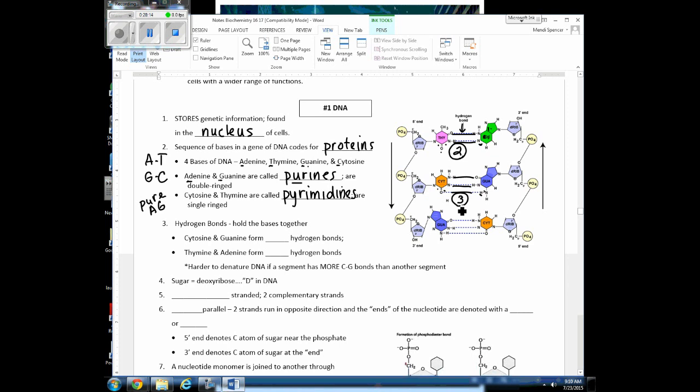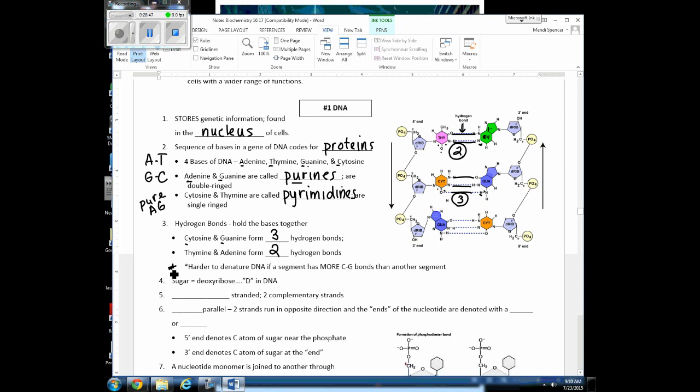So think about which bases do you think are easier to break apart and which ones are harder to break apart. Because cytosine and guanine form 3 hydrogen bonds between the bases, it's a little bit harder to denature DNA in an area where there's a lot of cytosine and guanine bases. Whereas if there's more thymine and adenine bases, which are only forming 2 hydrogen bonds, that's going to be weaker. And so the DNA is more likely to denature in those areas if there's a high concentration of adenine and thymine. And I have that written here.